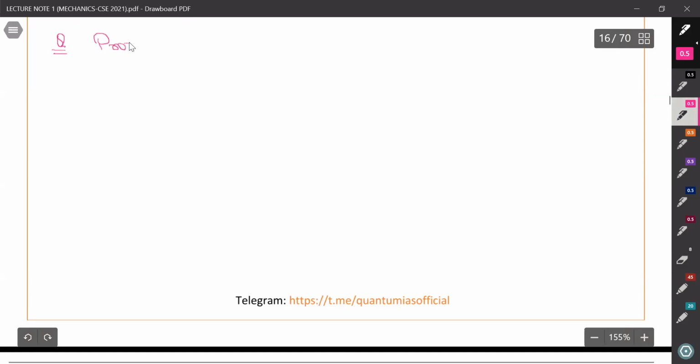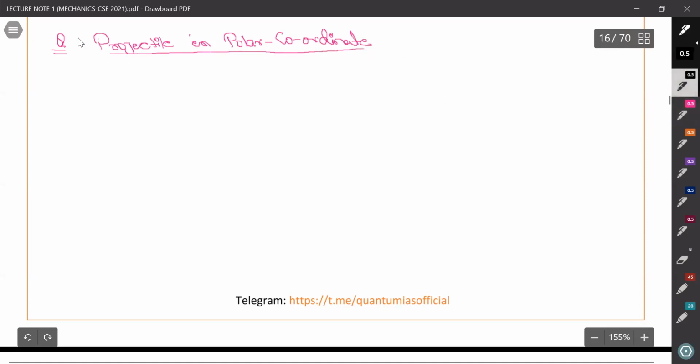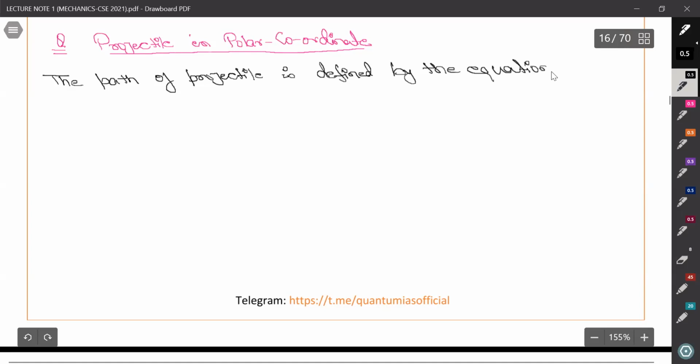That is projectile in polar coordinate. So the path of a projectile is defined by the equation, and that equation is R equals to 3t minus t square by 30 and theta square equals to 1600 minus t square.